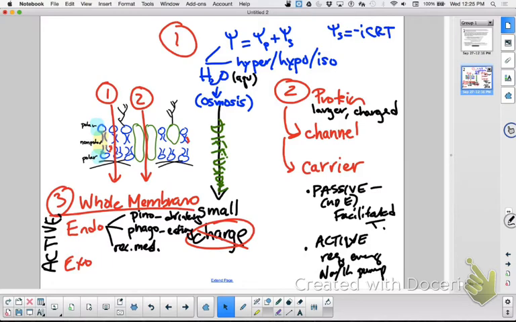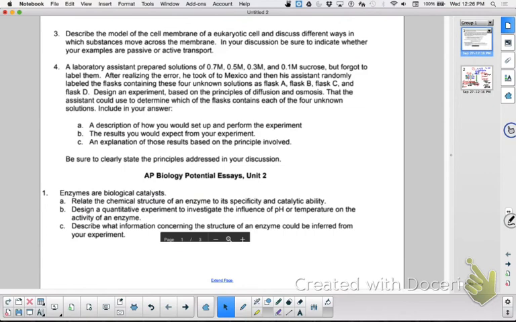You have peripheral and integral proteins, you have your cholesterol, and you have your carbohydrate side chains on the outside, called your glycocalyx, and then your cytoskeleton to the inside. So that would be describing the model, and then discuss the different ways substances cross the membrane. That's when you would talk about diffusion through the phospholipid, or using a protein, or using a carrier. All right, are we good on that one?